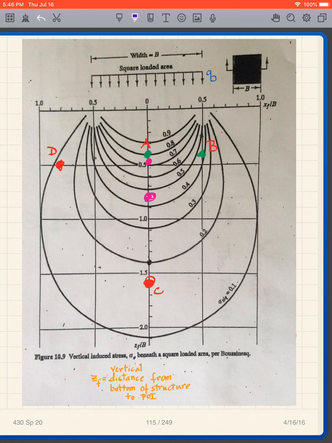I'm looking for z sub f over b is 0.4, and let's read the numbers. So z sub f over b, that's 2, 1.5, 1, 0.5, and that's the 0. So I need 0.4, so there's point A. Point A is at 0.4. This is all approximate. Let's first put all the points in the right location, and then I'll show you how we read the number.